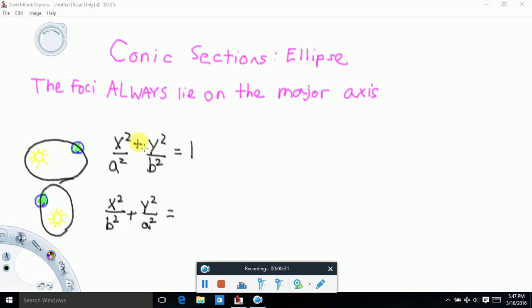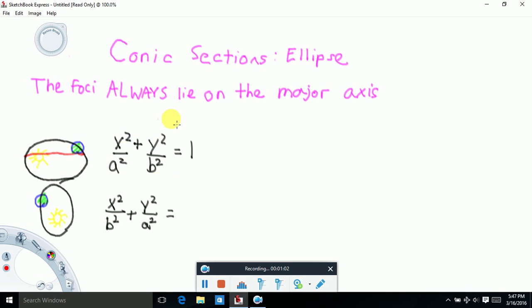If we look at an example in the real world, the sun is at the focus of this ellipse, and the earth orbits the sun in an elliptical manner. So if we wanted to look at the foci, when the ellipse is oriented this way, the foci lie along the horizontal axis, or the x-axis.